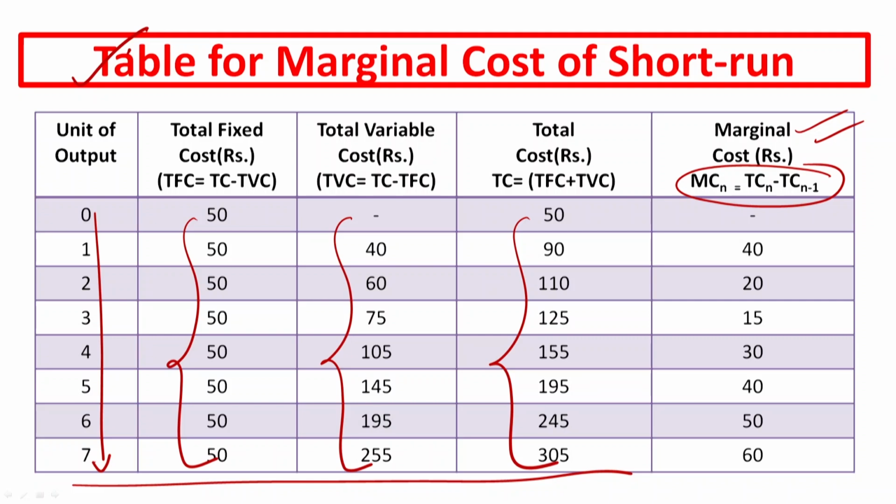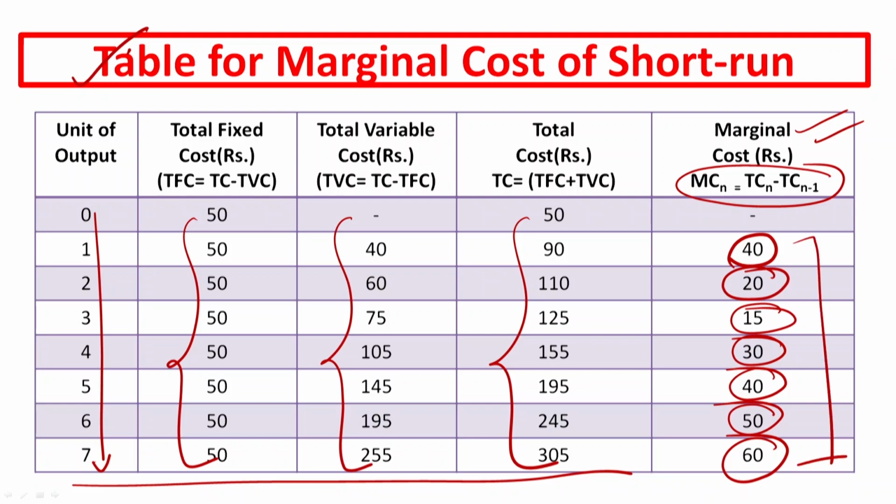So, 90 minus 50 will give you 40, 110 minus 90, 20, 125 minus 110, 15, 155 minus 125, 30, 195 minus 155, 40, 245 minus 195, 50, 305 minus 245. That means for every additional unit, what extra cost you are incurring for producing one more level of output, this is known as marginal cost.